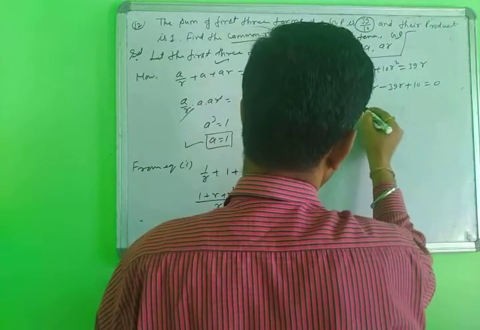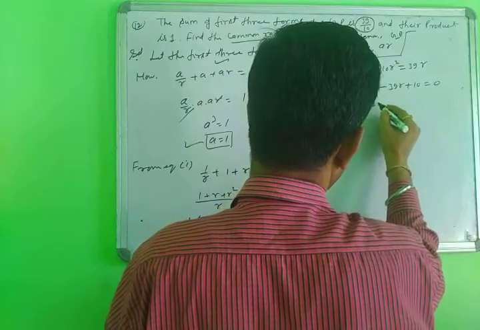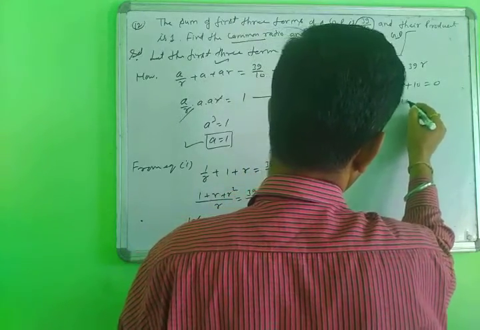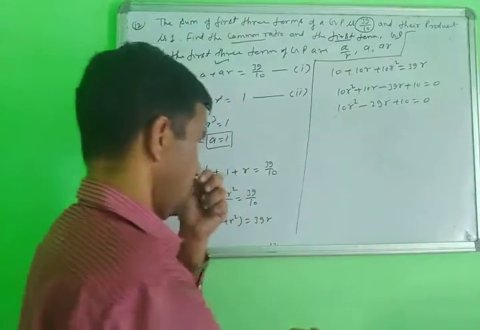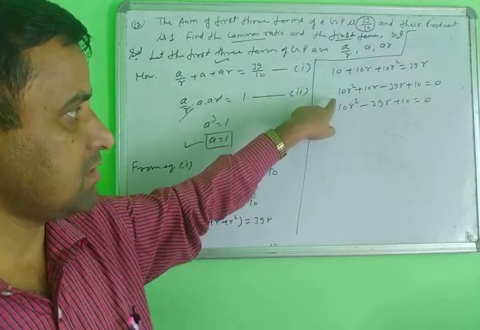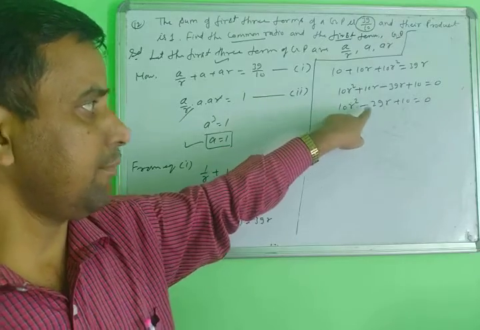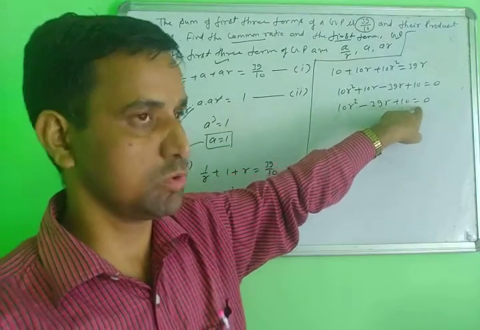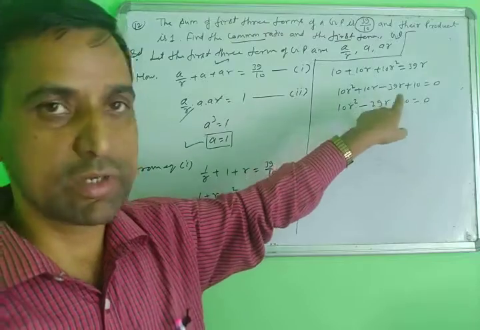So after calculating the steps, the result is 10r square minus 29r plus 10 equals 0. This is your quadratic equation.